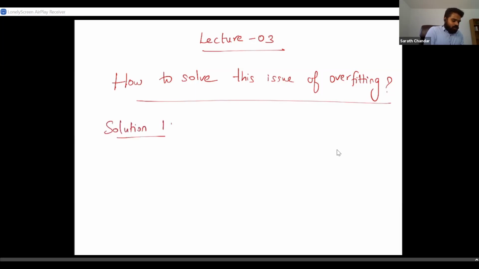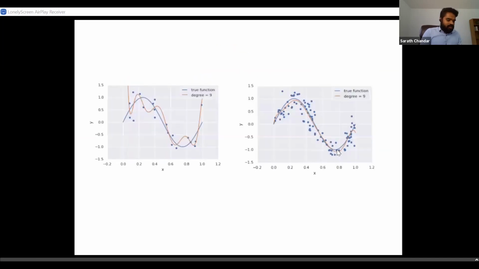So solution one is to basically add more examples, so that the model cannot overfit. Now here is the same sine curve problem. In the left figure, I have used 15 examples instead of 10. You can see that with degree equal to 9, you cannot perfectly fit these 15 examples.